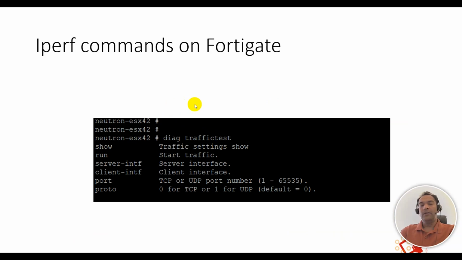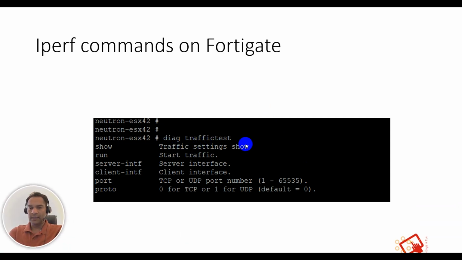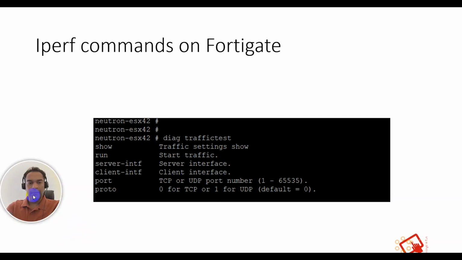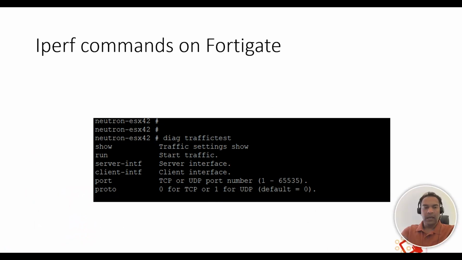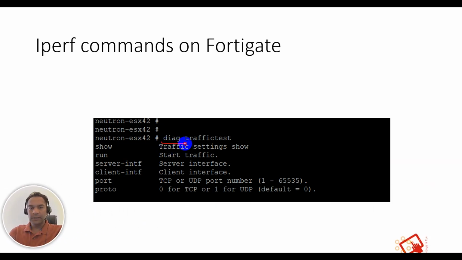Now, how to run this on the FortiGate? To run this on FortiGate, we use the command diagnose traffic test. This is the same as the iPerf command. iPerf is a CLI command which has been changed to traffic test with respect to FortiGate.